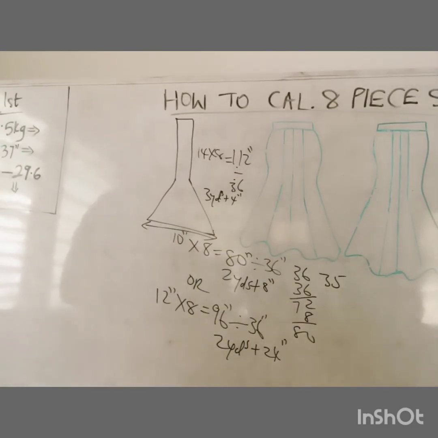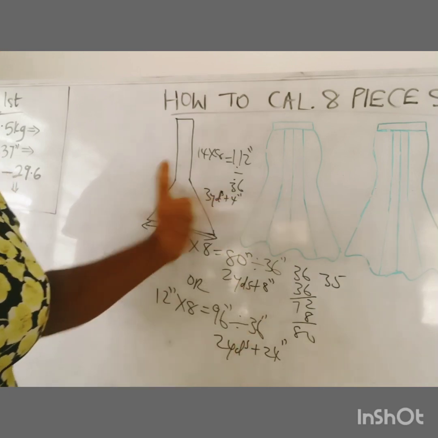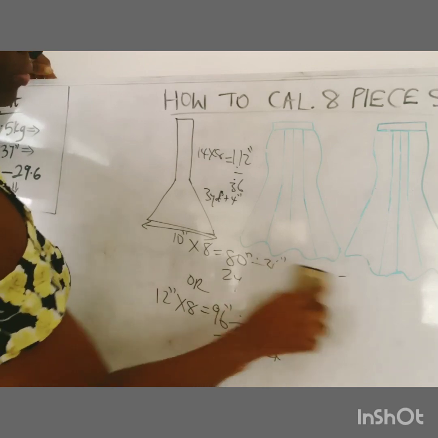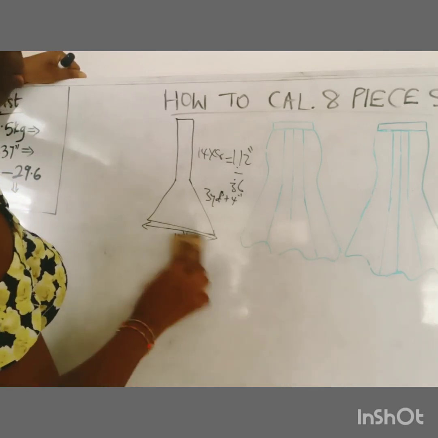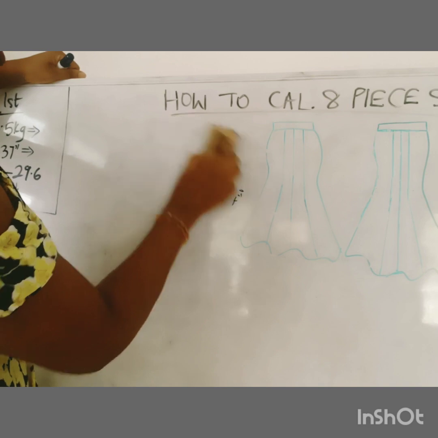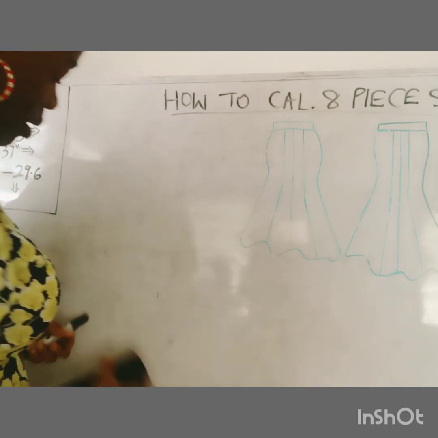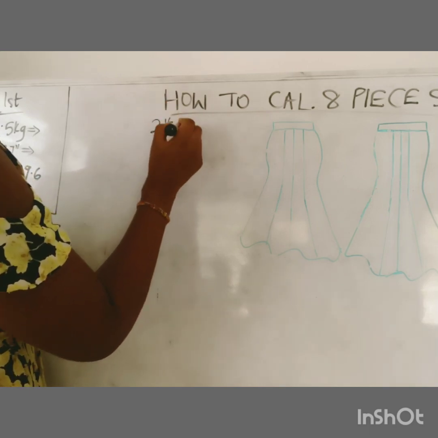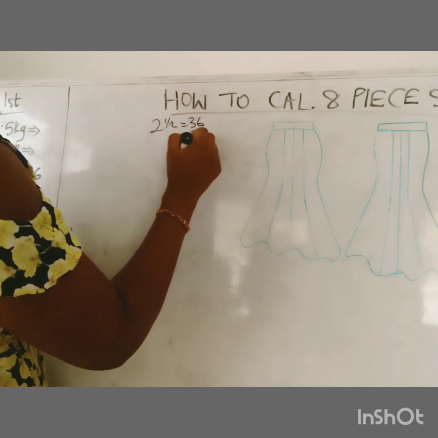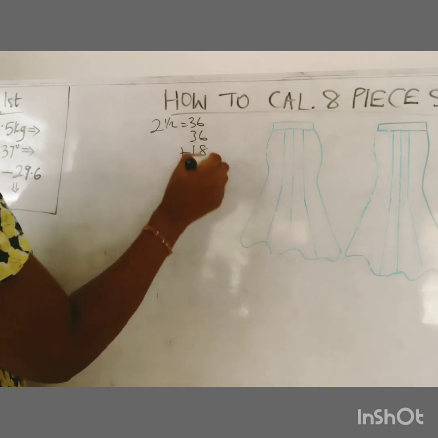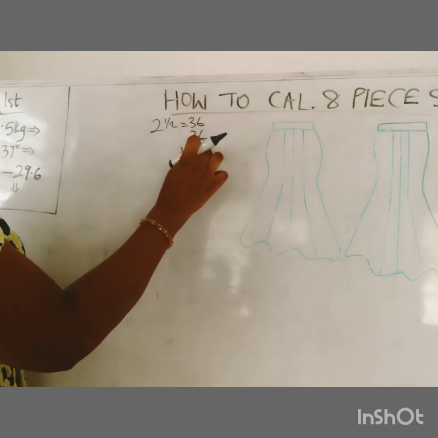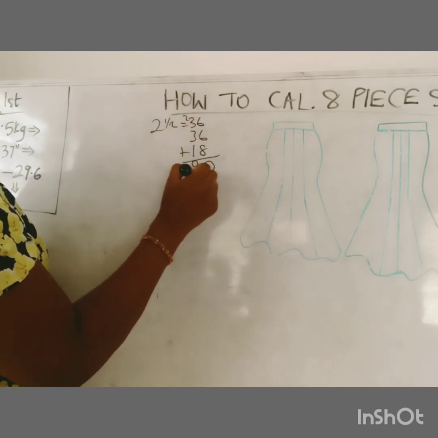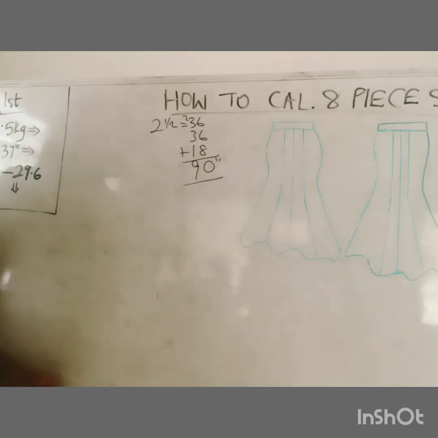So if, for example, you plan to use 2.5 yards, just find out the yardage, and after that, you calculate it. 2.5 yards will be 36 plus 36 plus 18, which is 90 inches.